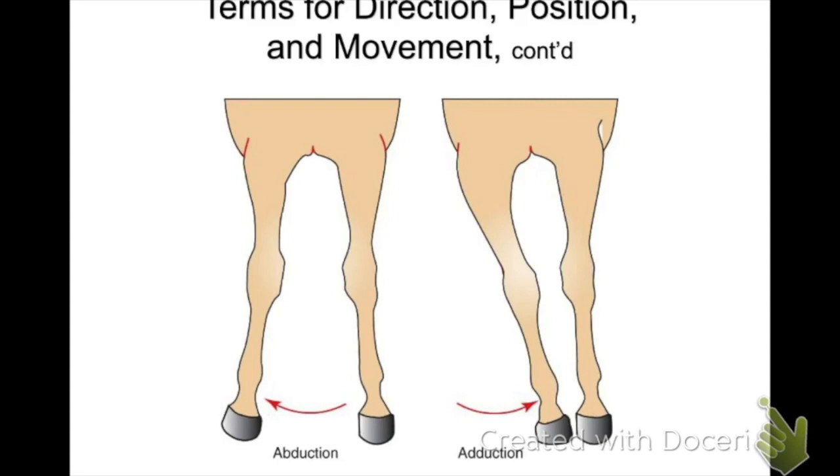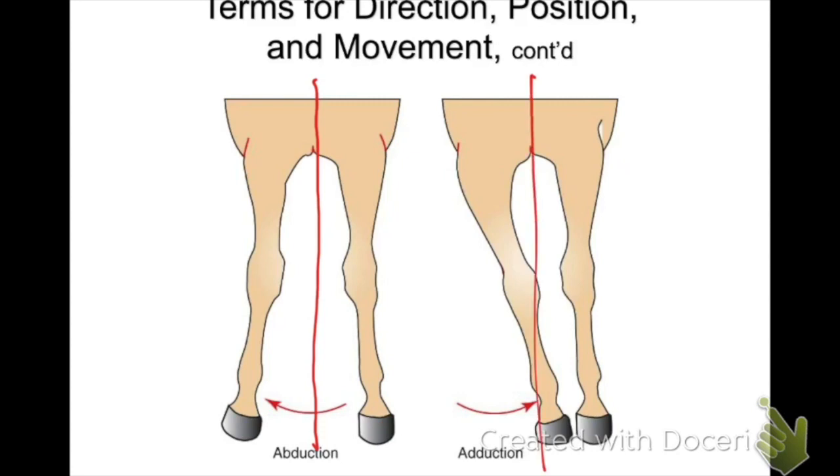These two terms, AB or abduction and AD or adduction, refer to movement of the limbs either towards or away from that median plane or midline. So right down here, that's better.